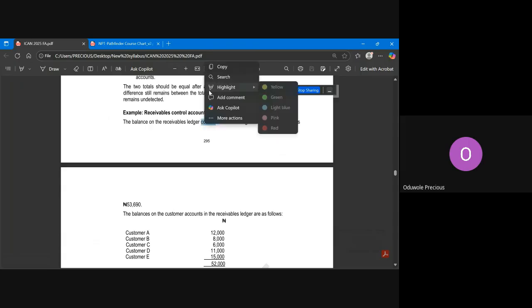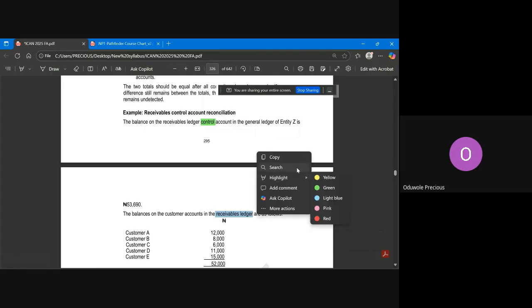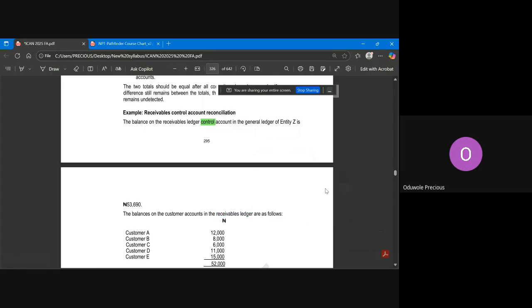The second one, the receivables ledger, is a different thing. Receivable ledger is different from receivable ledger control account. The receivable ledger control account is the one I just showed you, the same as your total debtors account or sales ledger control account.